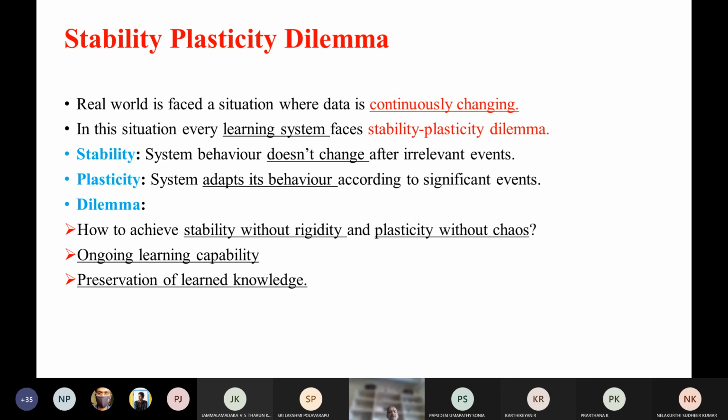Whether we are remembering, recognizing, or recollecting the previous or past experiences, so that they can be mapped to the current scenario, where we are able to achieve this stability without rigidity, or achieve this plasticity without any chaos, issues, or problems.